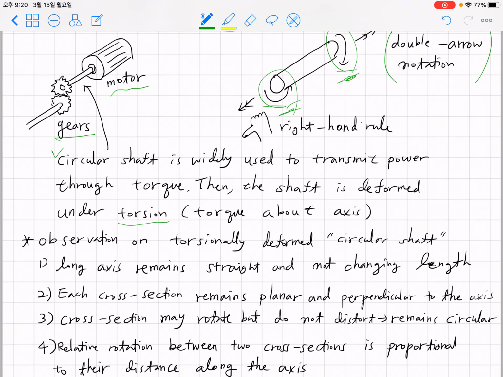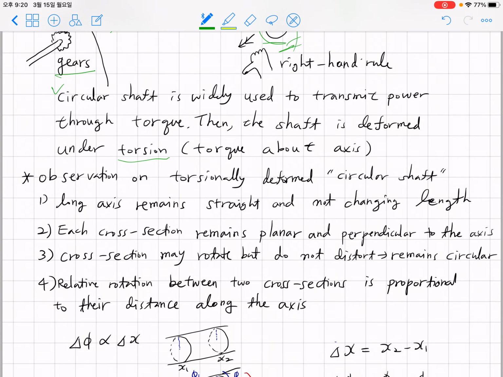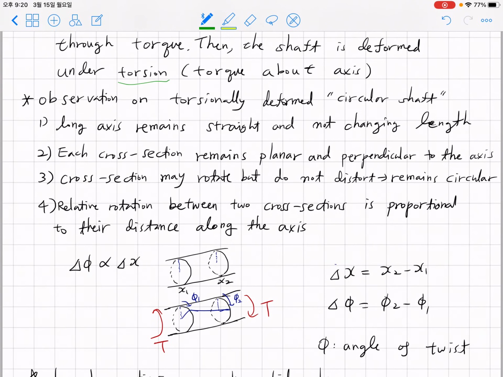Before talking about the kinematics and the force and torque analysis, let's discuss some observations on a torsionally deformed circular shaft. It is really important to have a circular shaft here. Without proof or mathematical discussion, we'll assume these four as true in our chapter, which will help us make the mathematical and physical analysis easy.